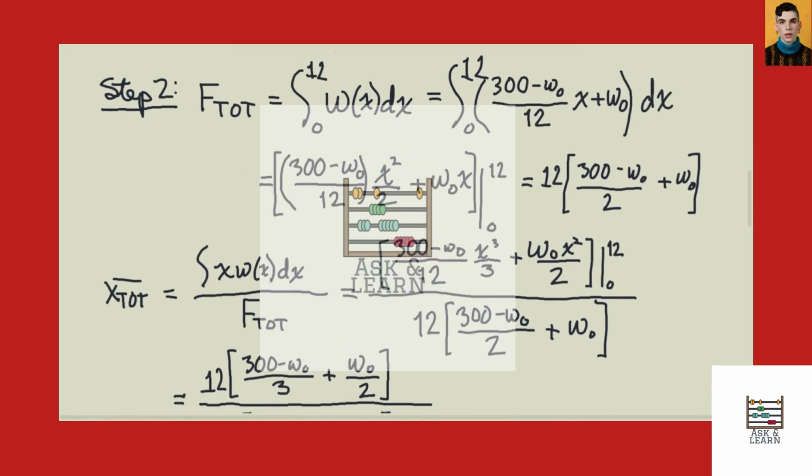Next step is to integrate over the span of x in order to get the total load. So we have our equation just derived above as a function of x times the infinitesimal dx that we sum over the span, performing the integration. We're integrating from 0 to 12, the total span of the beam.